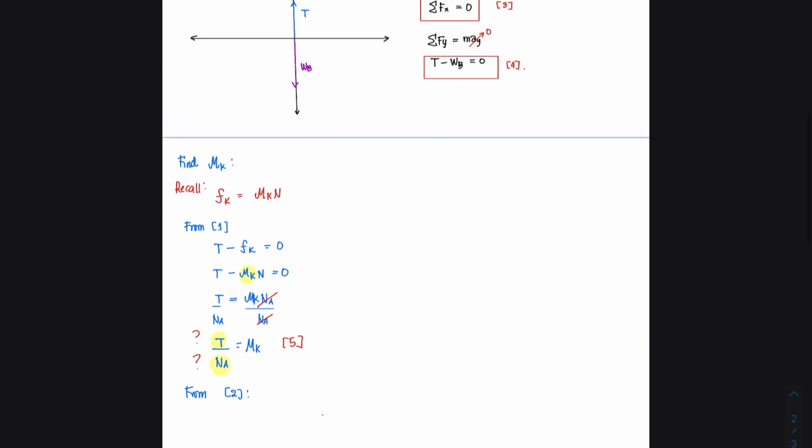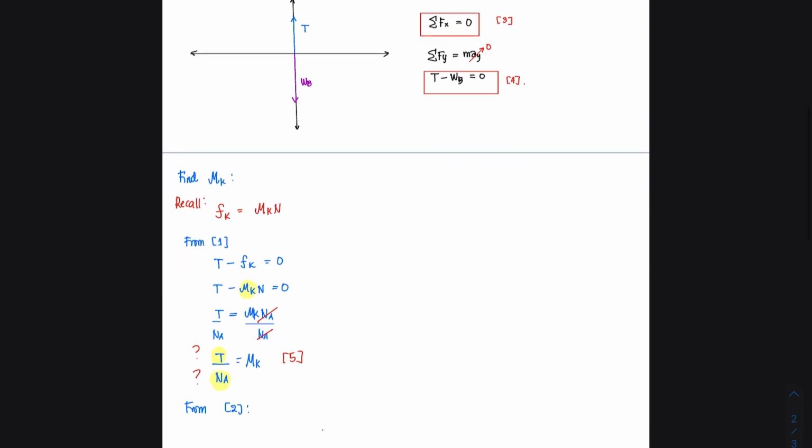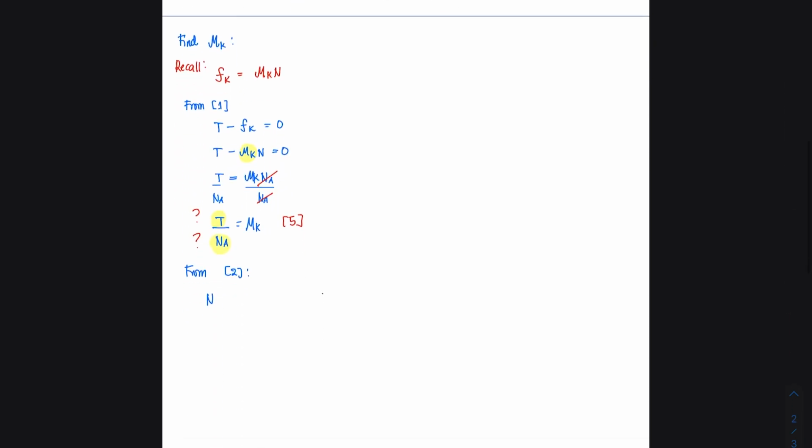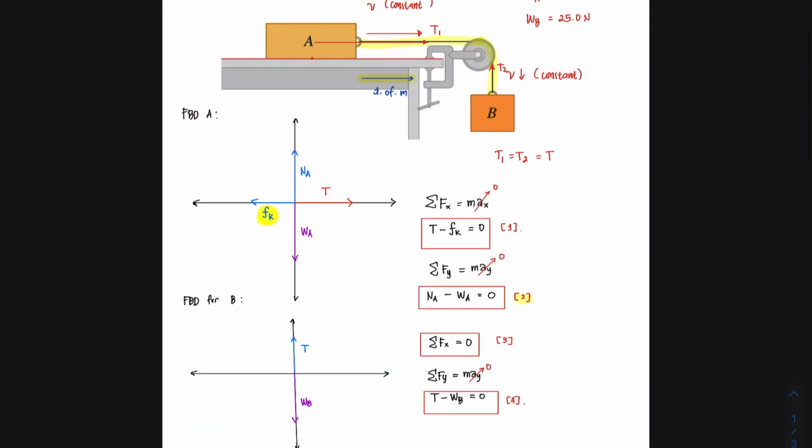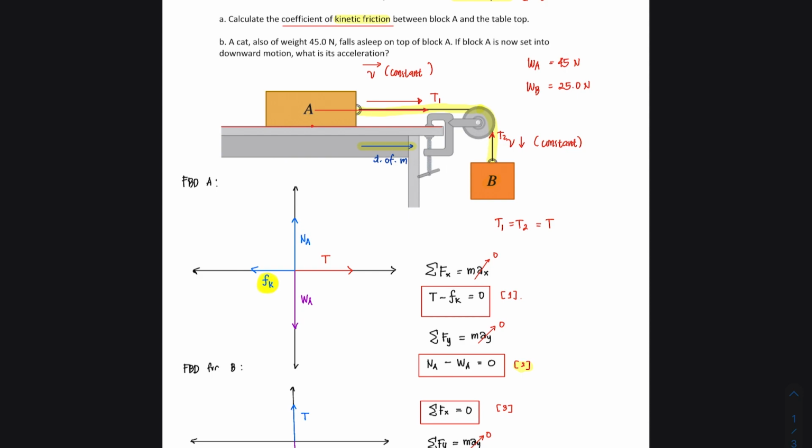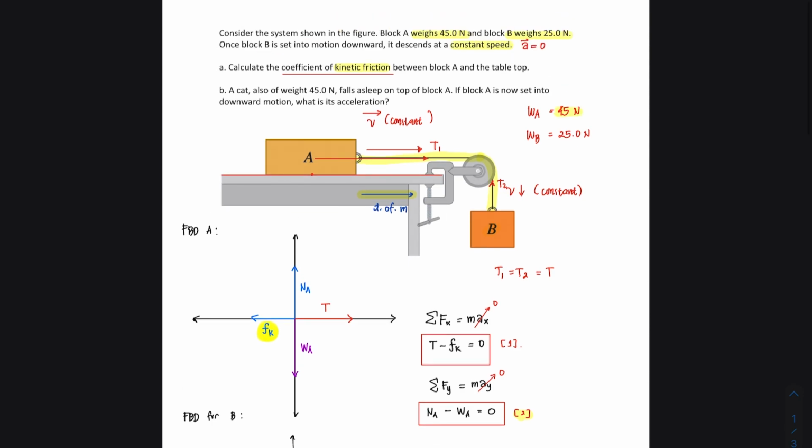So I'm going to write here, from equation 2, I have this expression: NA minus WA, NA minus weight sub A is equal to 0. So this tells me that NA is just equal to weight sub A. And take note that weight sub A is actually given in the problem, and that is equal to this value over here, 45 newtons.